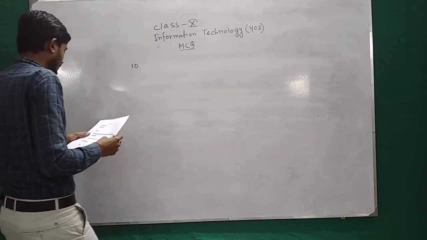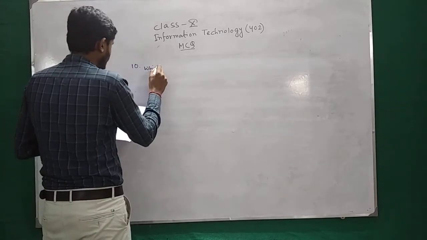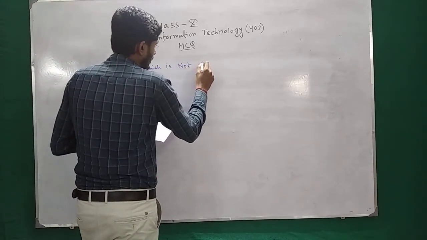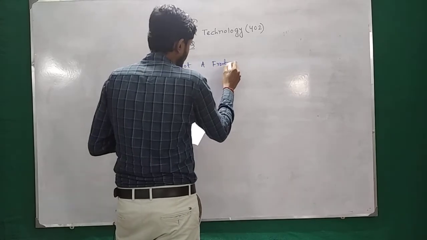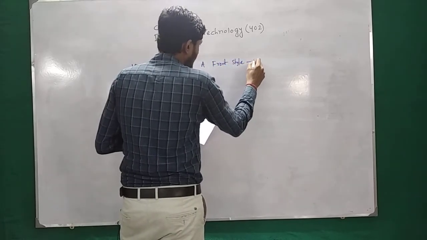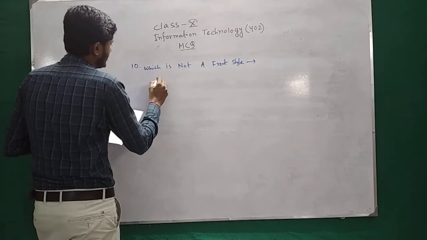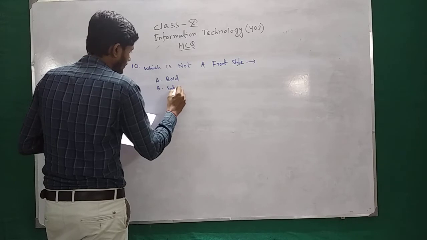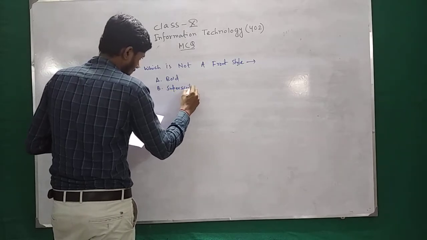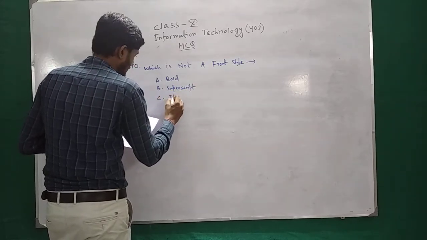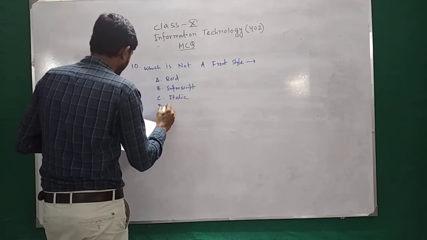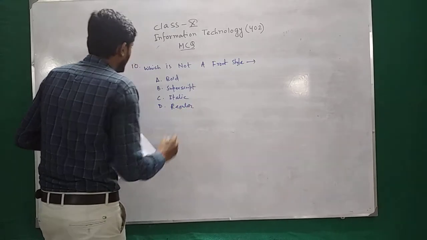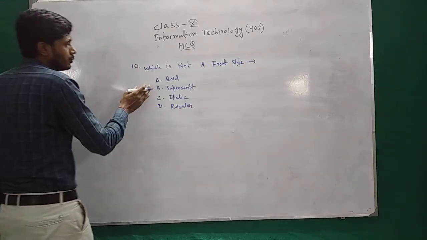Which is not a font style? The options are: option A bold, option B superscript, option C italic, option D regular.